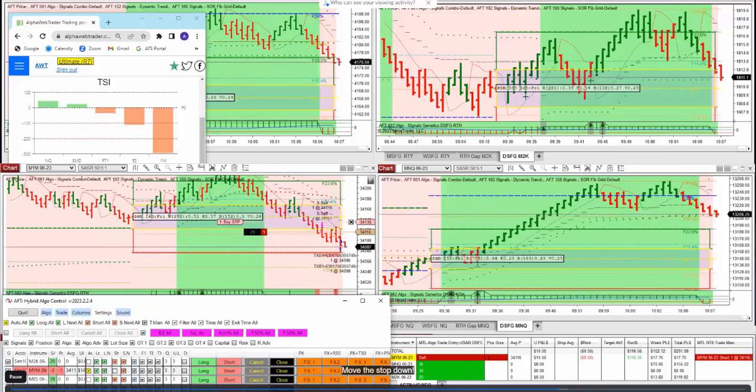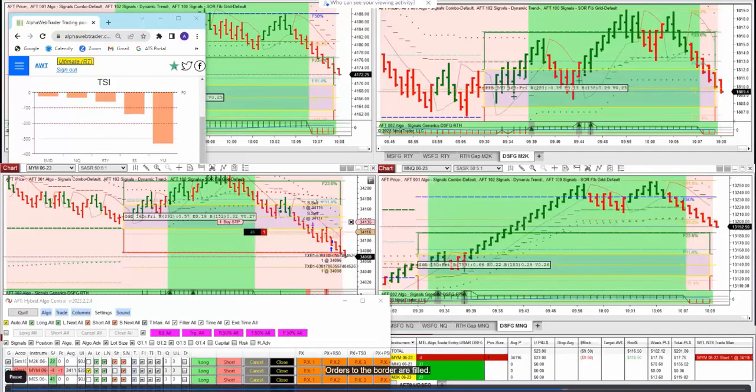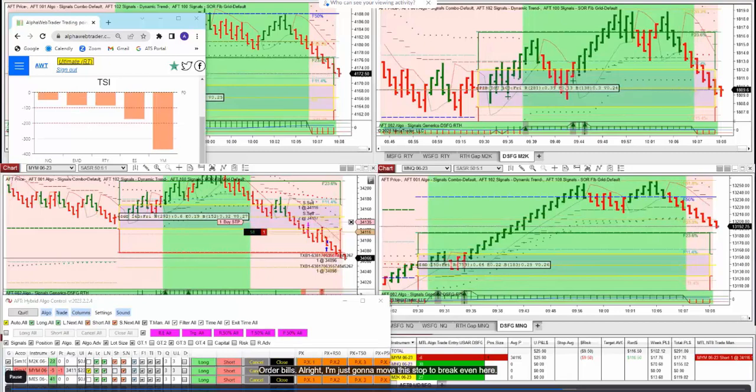Move the stop down. All right, I'm just going to move the stop to break even here.